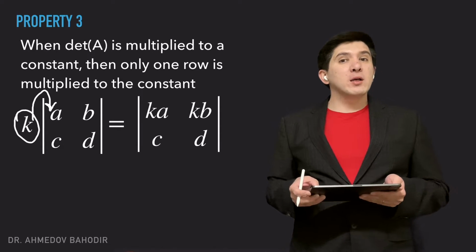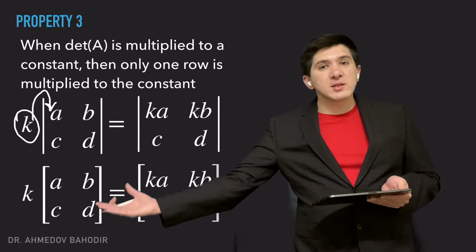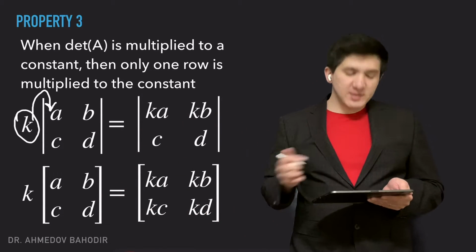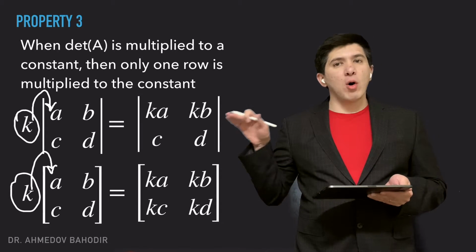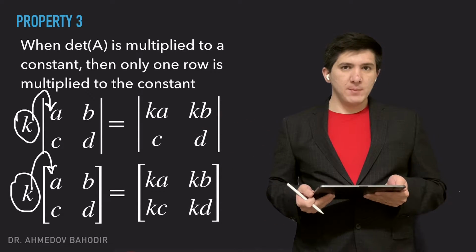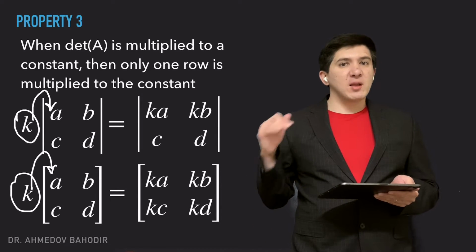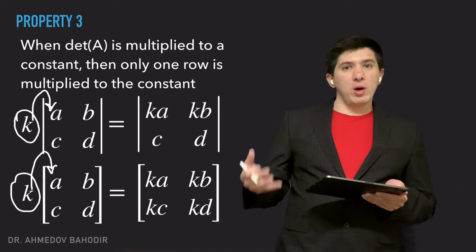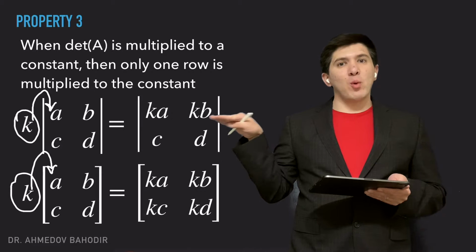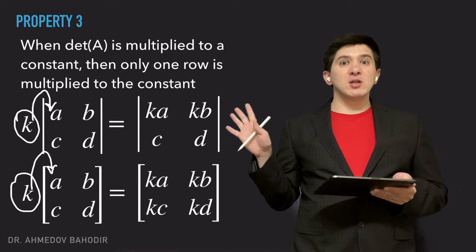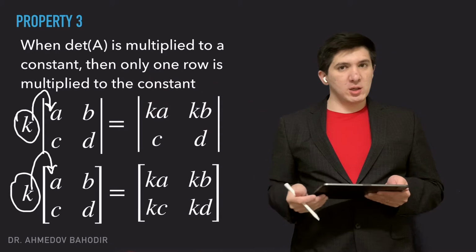In contrast, if you multiply a constant by the matrix, this constant goes inside your matrix and is multiplied to all of the rows, right? So it's again important for us to understand how these elementary row operations work for the determinant. If you would like to scale one of the rows, you need to multiply the whole determinant by the constant.